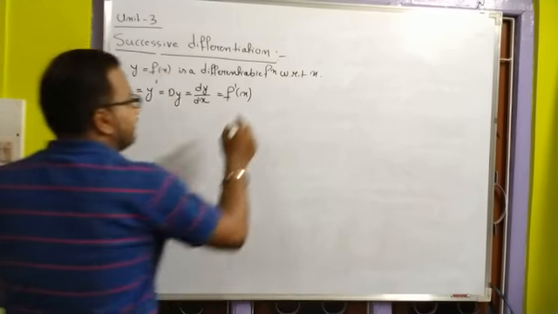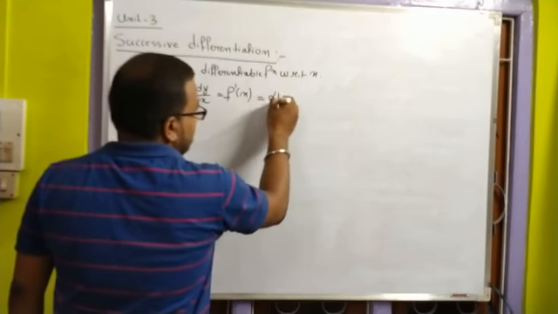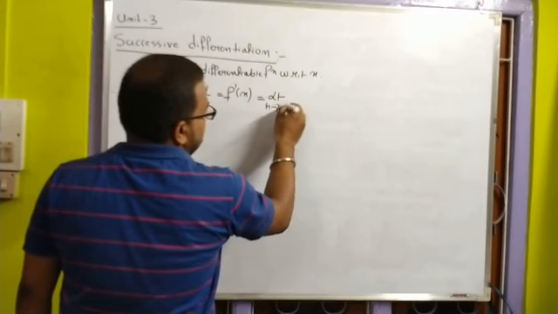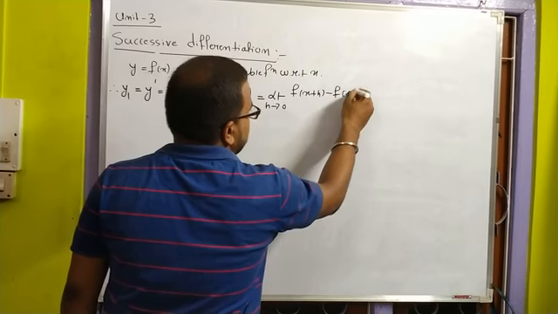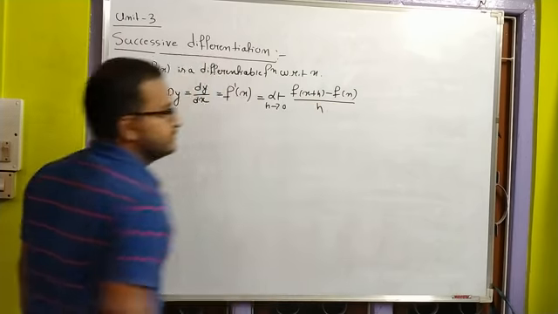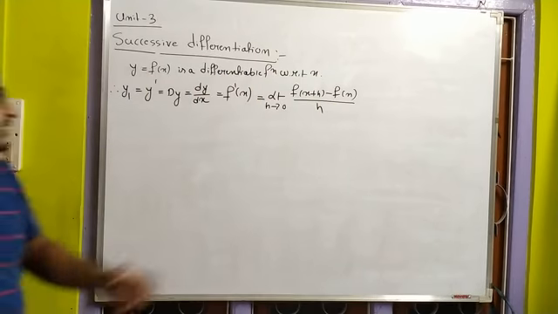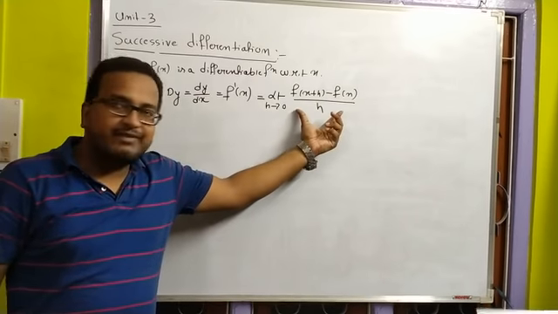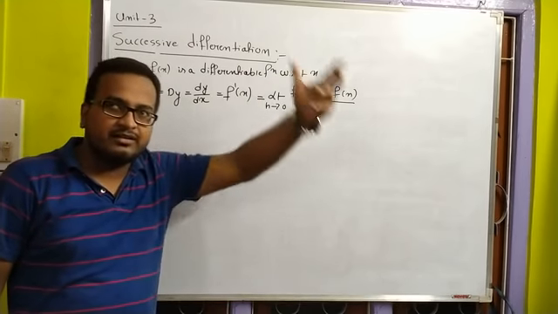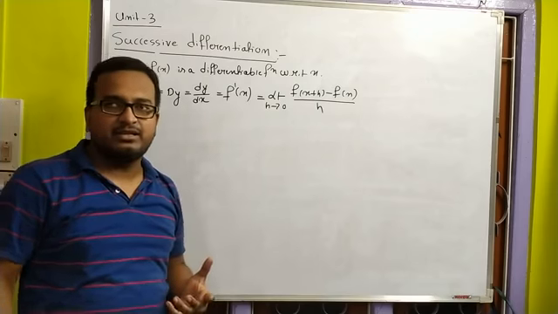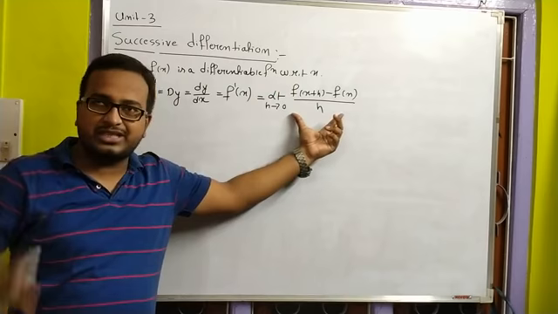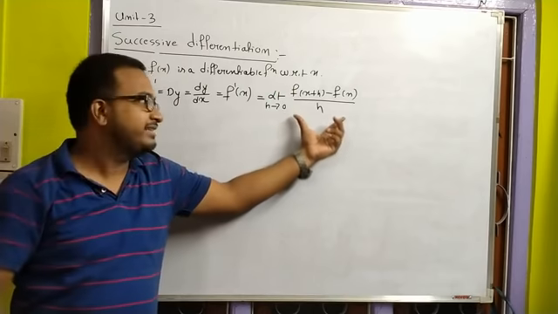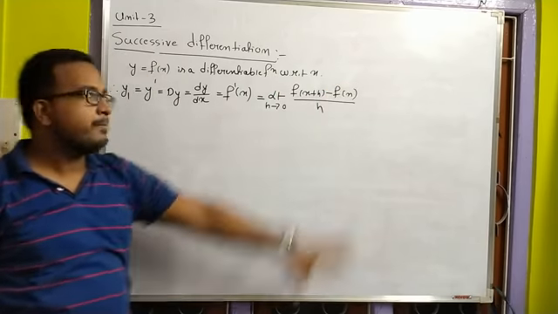This is the definition of the derivative: the limit as h tends to 0 of [f(x+h) minus f(x)] by h. Already we have learned this at our higher level. If you forgot this, then I recommend you please go back to the concept of limits and derivatives, then come back to this question.